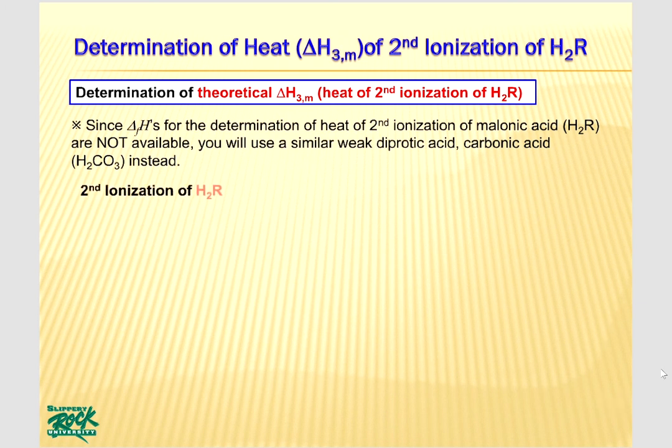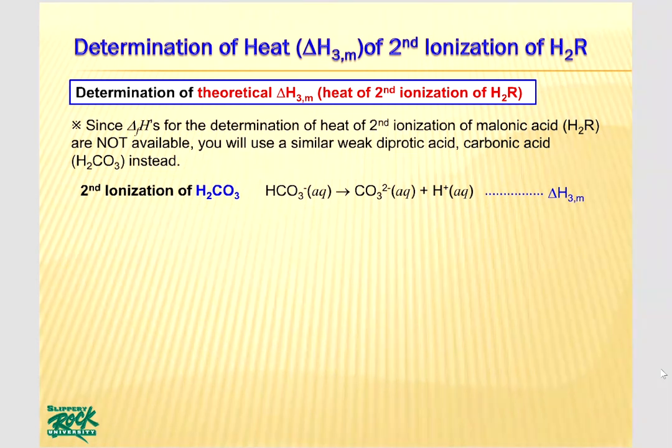The second ionization of malonic acid is written as HR- ionizes into R2- and H+. Likewise, the second ionization of carbonic acid is written as HCO3- ionizes into CO3 2- and H+.